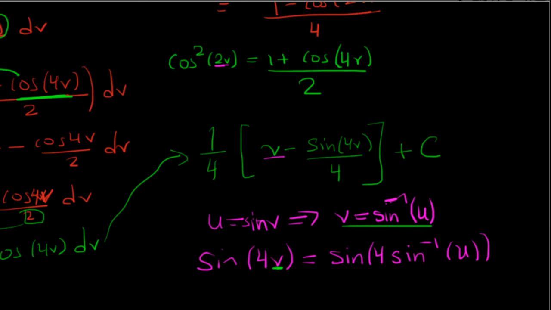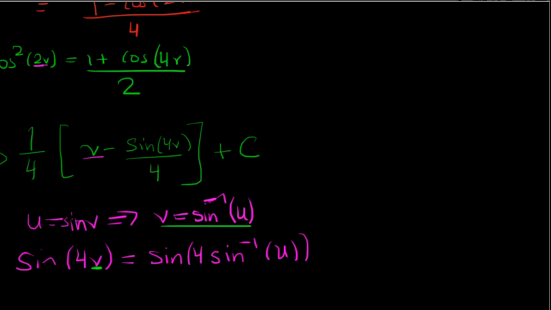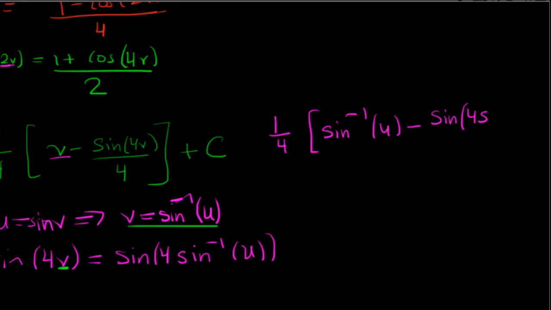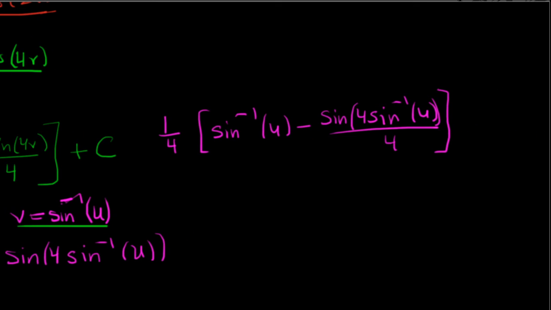So let's make that change. So I'm going to have 1/4, v is inverse sine u, minus sine 4 inverse sine u over 4, and then that's plus the constant.